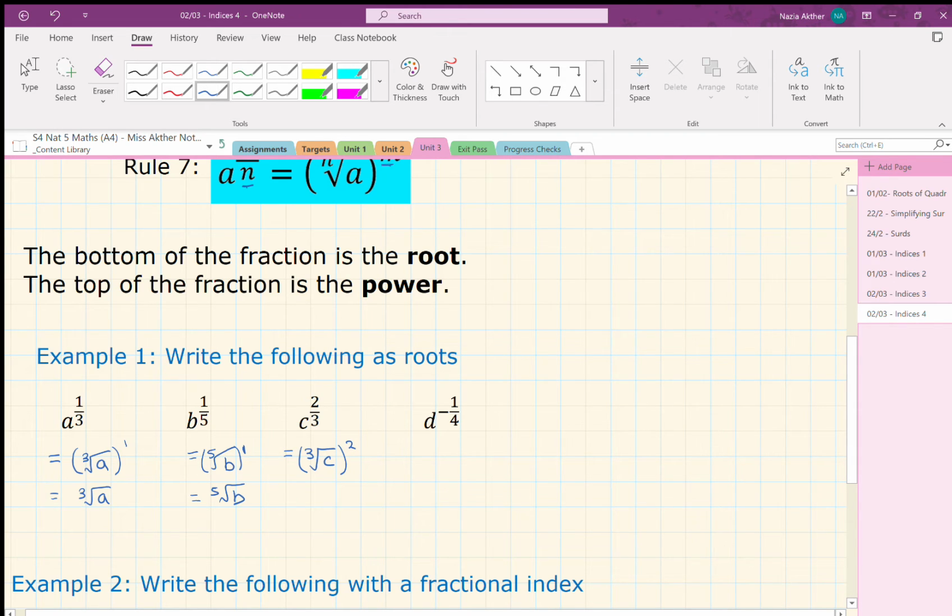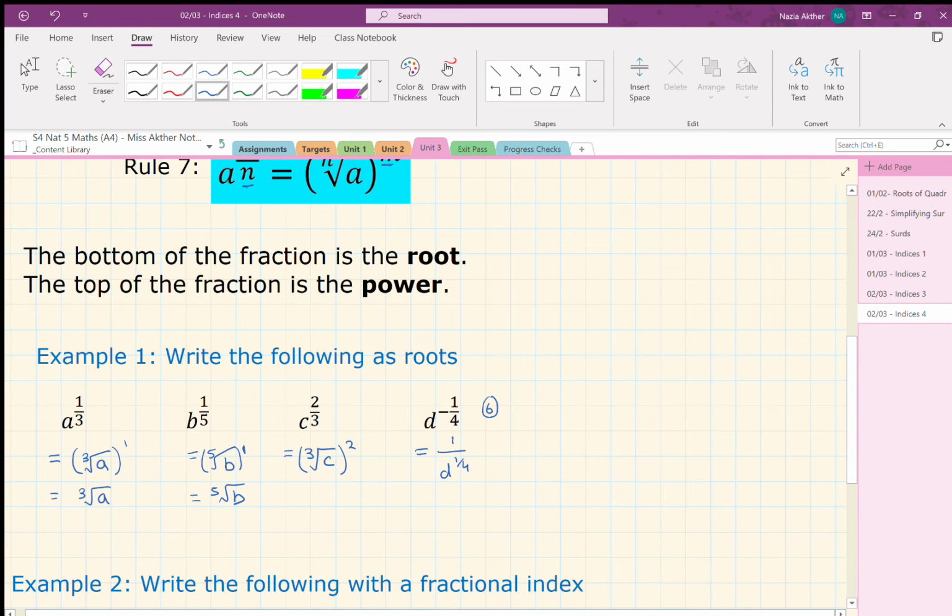And finally, for d to the power of negative a quarter, because we've got a negative index here, a negative power, I need to change this expression to one where it has a positive power. And to do that, we're going to use rule number 6 from your course notes. So when you change a negative power to a positive power, we divide the expression into 1. Okay, so then we have 1 over d to the power of a quarter.